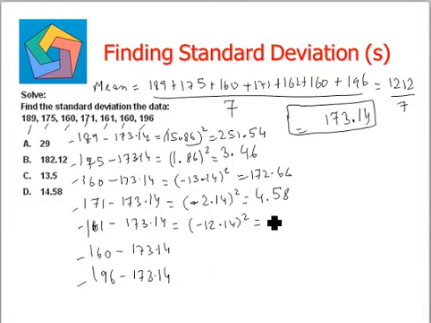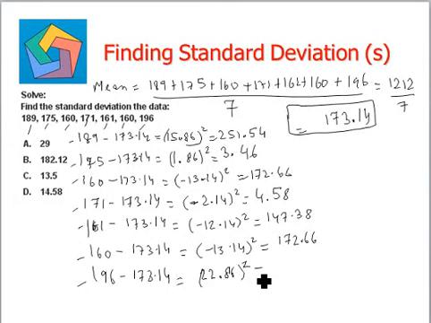Squaring this would give us 147.38. 160 minus this is a negative 13.14. Squaring this would give us 172.66. And the last one is 22.86. Squared gives us 522.58.